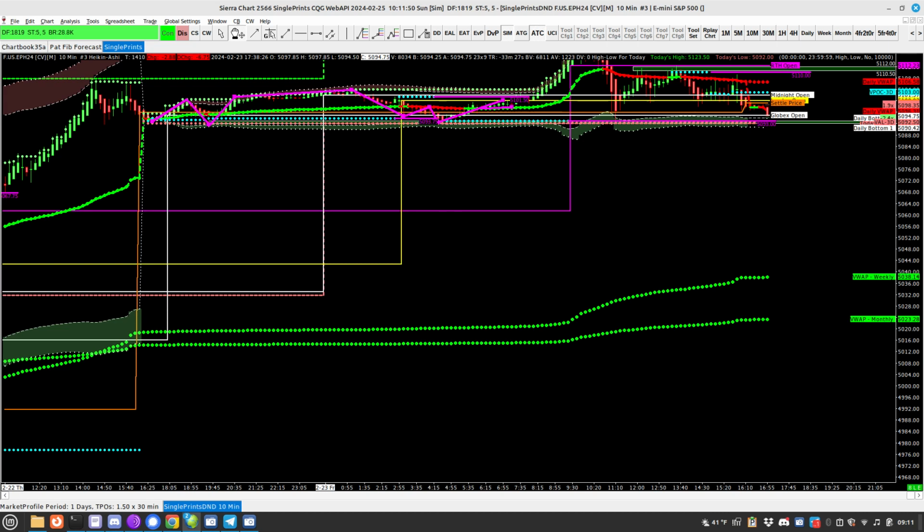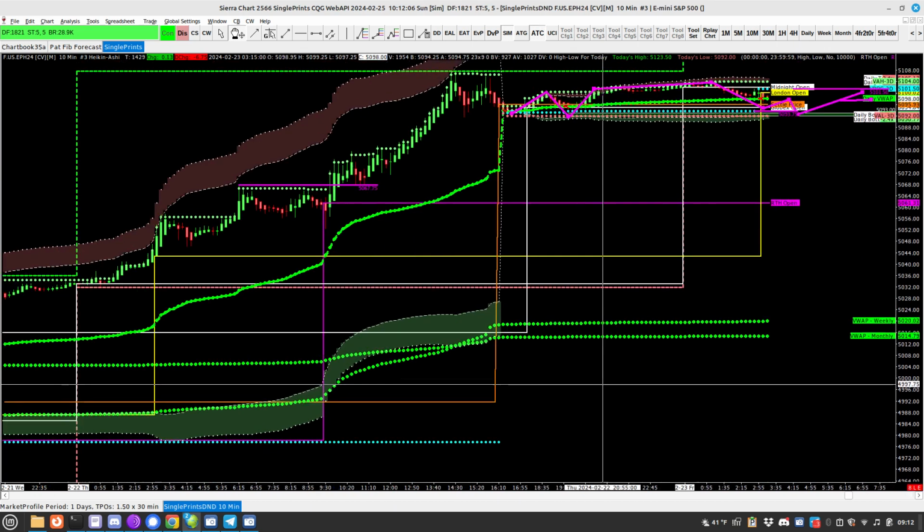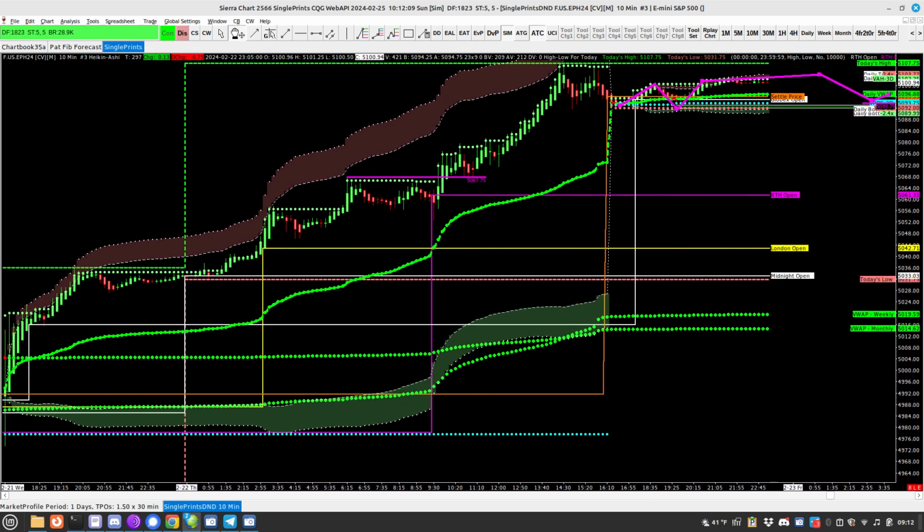You might want to also take, if you're taking multiples, 49.91.50. Just be scaling out down here, okay, and maybe at 50.31.75, which was Thursday's. That was Thursday morning, Thursday low, bought it there.